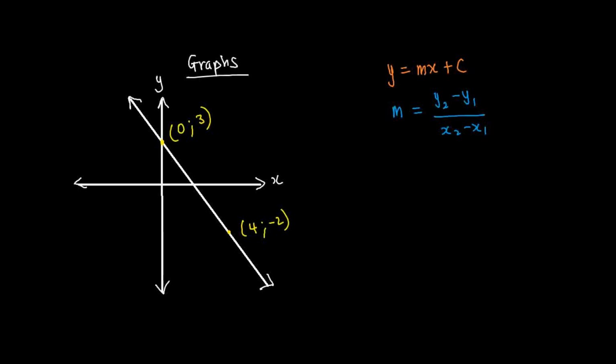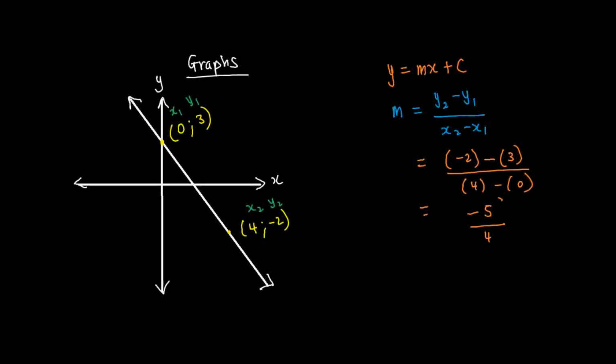Let's say this coordinate (0, 3) is x1, y1, and this coordinate is x2, y2. So now I'm going to substitute these values. Remember, coordinates are always in the form (x, y). I'm going to substitute these coordinates into my formula. So I have in brackets -2, that's y2, minus 3 all over x2, which is 4, minus 0. What is that equal to? -2 minus 3, that's -5, over 4 minus 0, that's 4.